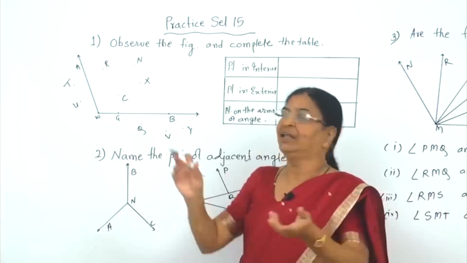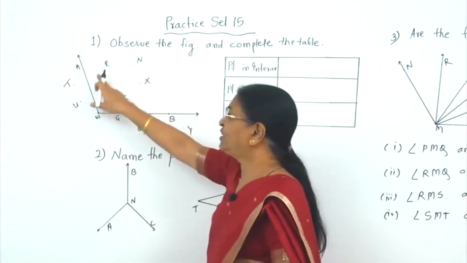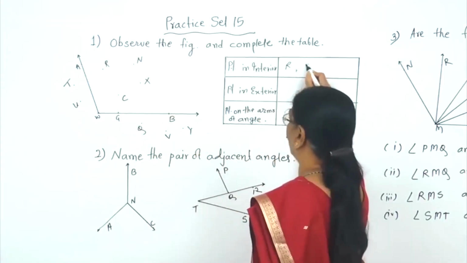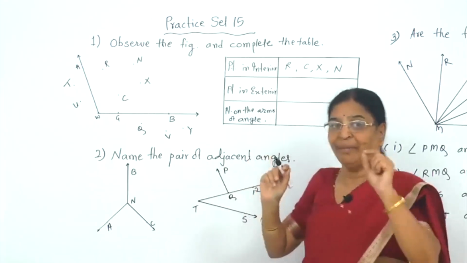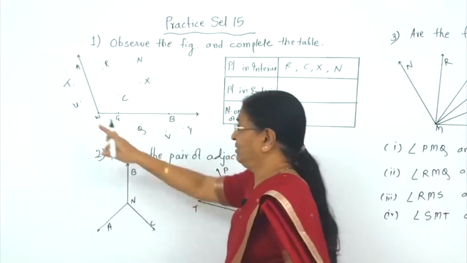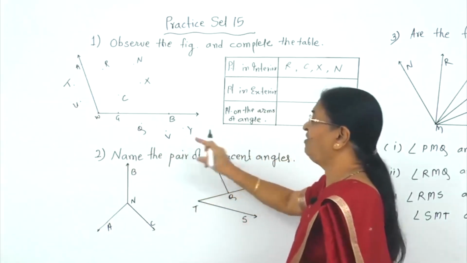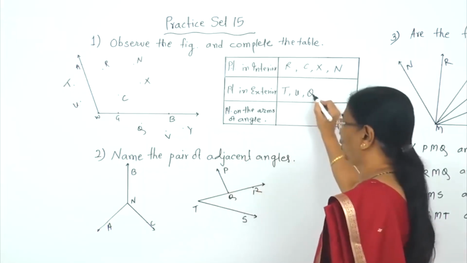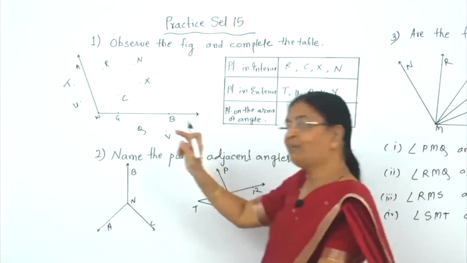See, very easy. This is only for observation, so I will write directly: only these four points are in the interior. So R, comma, C, comma, X and N. So surely make a comma so that the points will be separated. In the exterior, see, T, U, Q, V and Y. And which are on the arms?